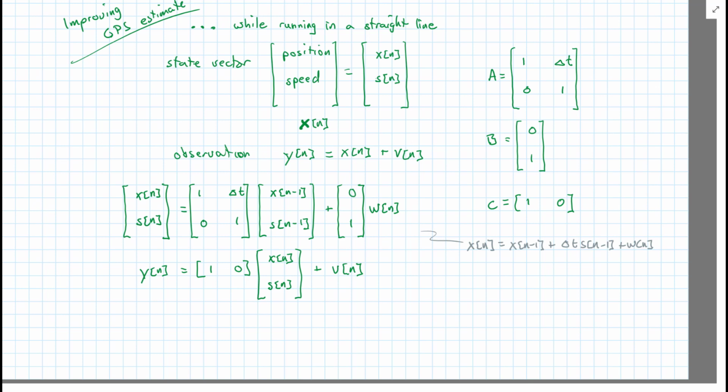And so then the process noise, the input, would not directly affect the speed, but rather the acceleration. And in that case, we would pretty soon have a 9-dimensional state vector with xyz position, xyz velocity, and xyz acceleration, with the noise acting on the acceleration.